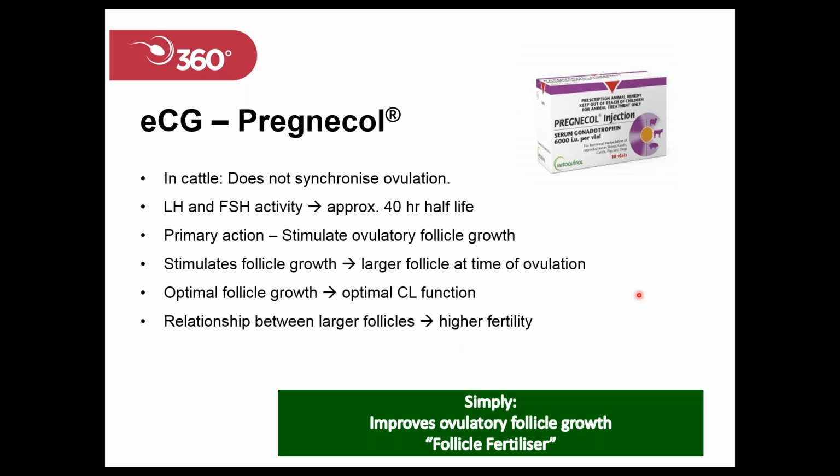When I'm asked to describe the action of Pregnicol or ECG in the field, I simply liken it to follicle fertilizer in that it does improve ovulatory follicle growth, and it is great when there may be a situation where the cow is lacking, hence when you would tend to use fertilizer.